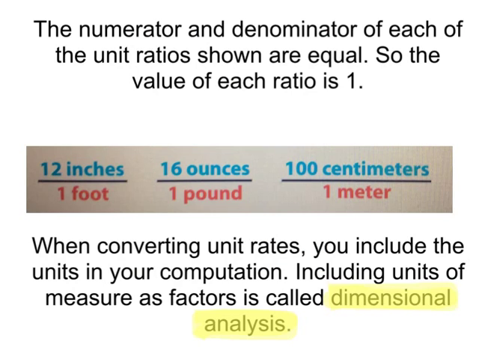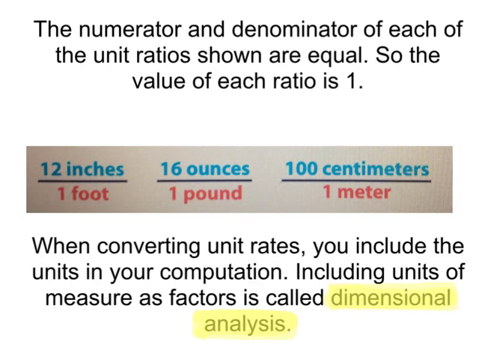The numerator and denominator of each of the unit ratios shown are equal. 12 inches equals 1 foot, 16 ounces equals 1 pound, 100 centimeters is equal to 1 meter. So the value of each ratio is 1.